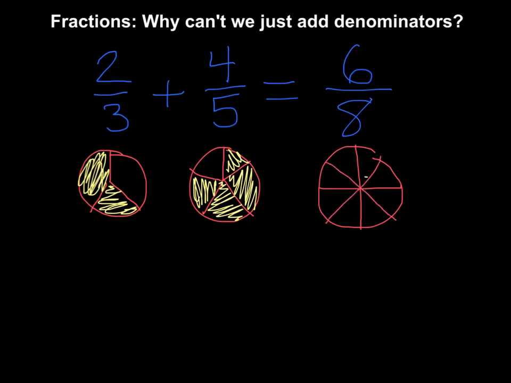And so let's go ahead and fill in 6 out of 8. And there's my 6th. So hopefully we can see here that if this was actually pie, and that were actually pie, and this were actually pie, that if I slide these 2 slices over into this pie tin, we should have a lot more than this.